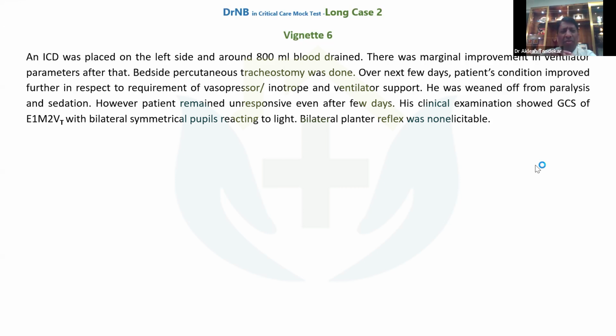He was weaned off paralysis and sedation. However, the patient remained unresponsive even after a few days. His clinical examination showed GCS of E1, M2, and BT, with bilateral symmetrical pupils reacting to light, and bilateral plantar reflexes were non-elicitable. So what sort of abnormality do you expect here?